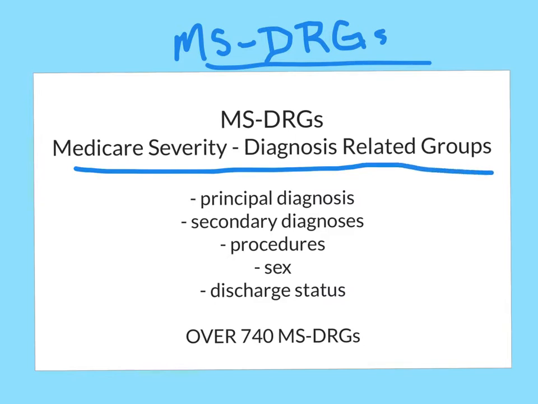Just as a refresher, MSDRGs define a set of patient attributes based on principal diagnosis, secondary diagnoses, procedures, sex of the patient, and discharge status. There are over 740 MSDRG categories used to group those similar clinical cases together to help calculate pricing for inpatient hospital claims.